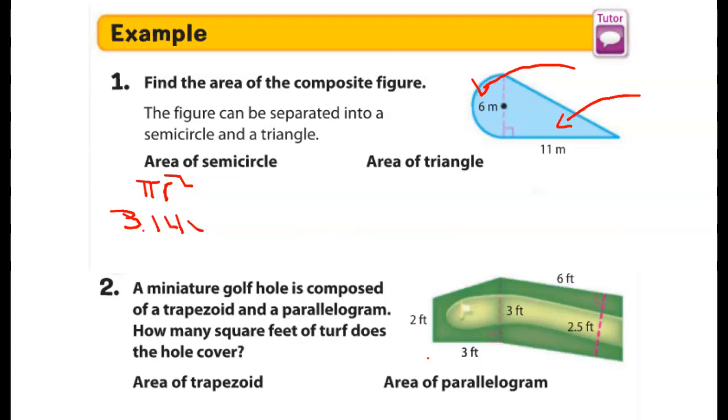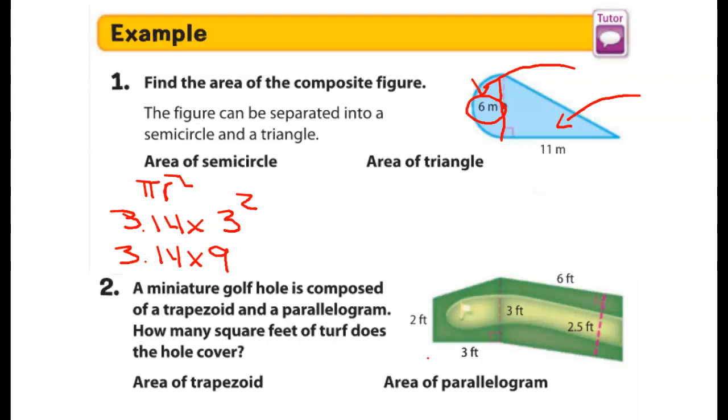times the radius squared. Now, the diameter is 6 over here, so that means the radius is 3. So we're going to say times 3 squared. So I'm going to do 3.14 times 3 squared. Well, 3 squared is just 9. So 3.14 times 9.